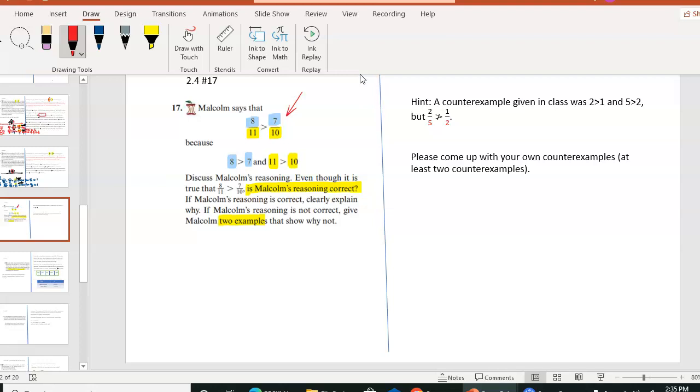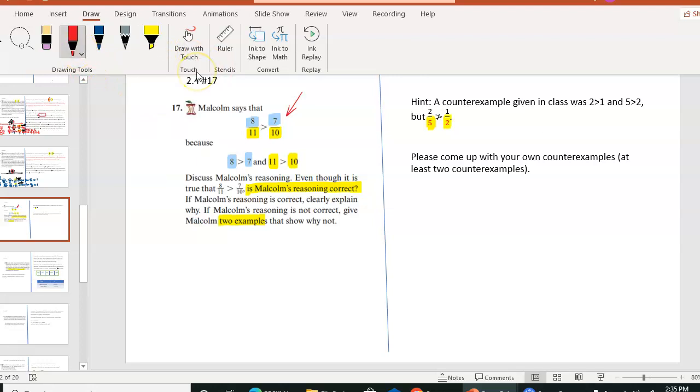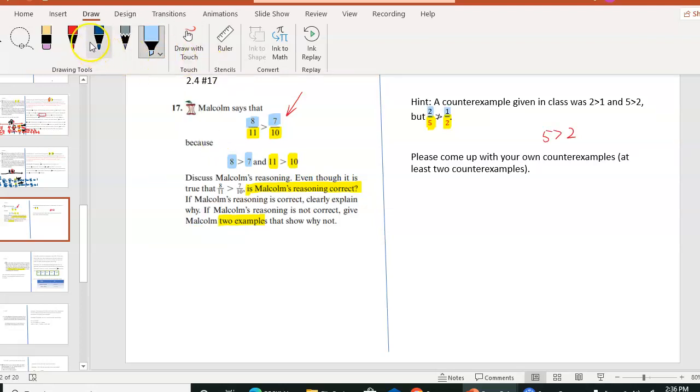For example, I gave these 2 fractions, 2/5 and 1/2. If we try to use Malcolm's reasoning, let's compare the denominators: 5 is bigger than 2. And then let's compare the numerators, 2 and 1. 2 is bigger than 1.